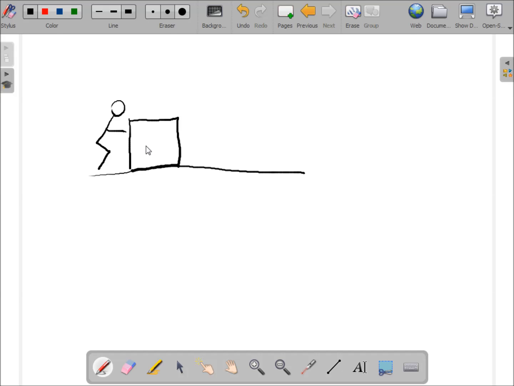So to start with, when we push, we have a force pushing backwards, which is the frictional force, and then we've got our force on the object pushing it forward. Now to overcome the force of friction, our force, say we call it T for thrust, needs to be bigger than the force of friction.